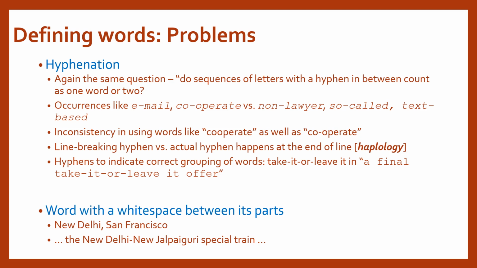For example, etc. is coming at the end of a sentence. For the end of a sentence you need to put one full stop or period, and etc. also requires one. So you don't put two full stops there; you just have one, and a similar situation happens in hyphenation as well. So you can perhaps have a very similar rule to take care of both cases, for periods as well as for hyphenation.